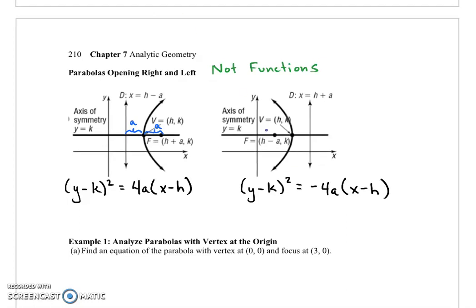And again, still, a is the distance from the focus to the vertex or the focus to the directrix. So that covers the basic formulas. We'll start doing some actual example problems in the next video.